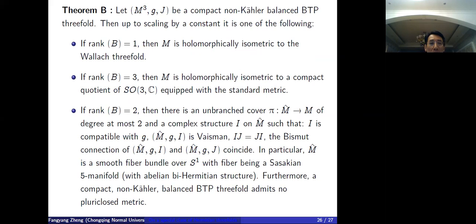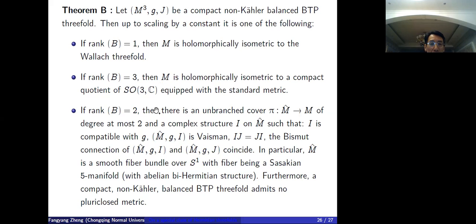Depending on the rank of the B tensor, if the rank is 1, then it's just the Wallach threefold. That's a Fano manifold, right? If the rank is 3, then you only get the semi-simple complex Lie group case, a compact quotient of a complex Lie group. So this is a Chern flat case.